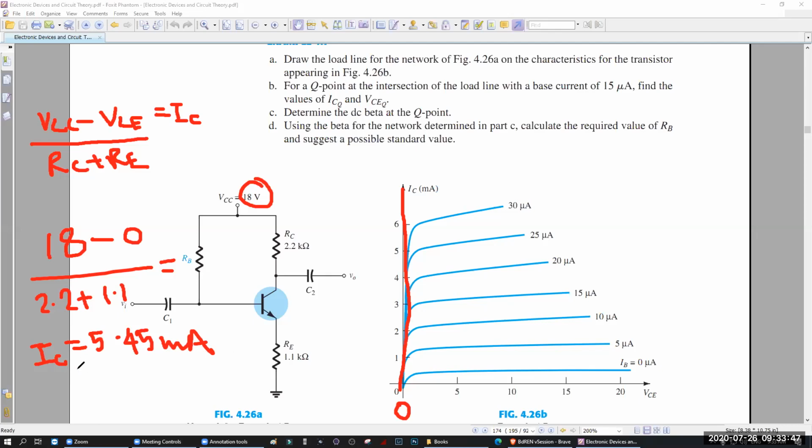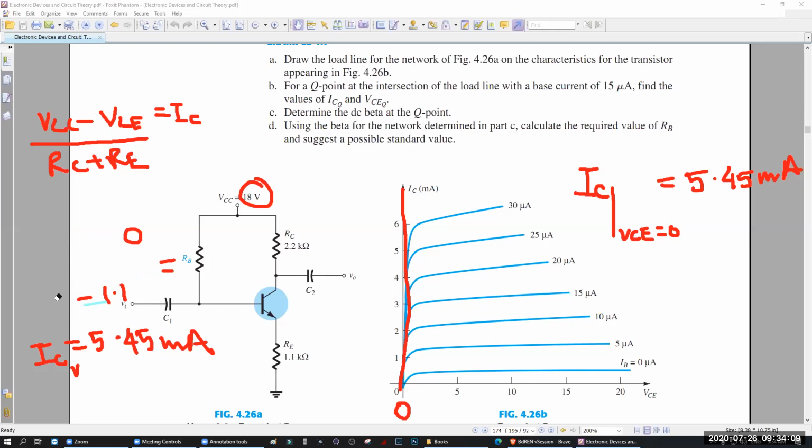That means when your VCE is equal to 0, we are going to write it like this: IC when your VCE is equal to 0 equals 5.45 milliampere. Understand? Yes, sir. Okay.